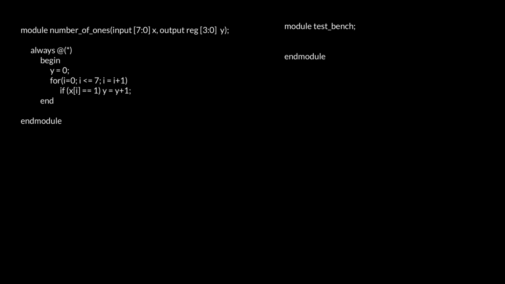The only thing remaining is to declare the counter i, and there's a trick here. If I simply do integer i, then it's going to complain that I can't define integers inside a block if the block doesn't have a name.